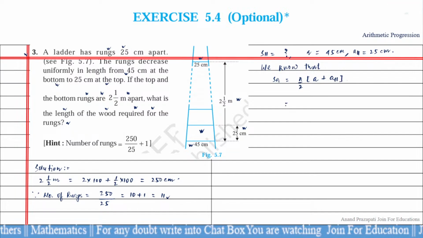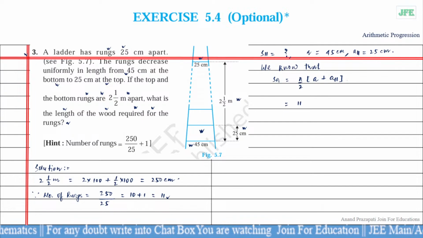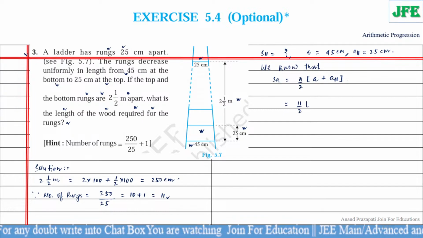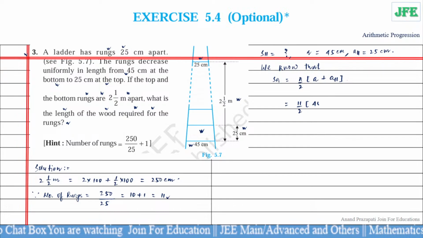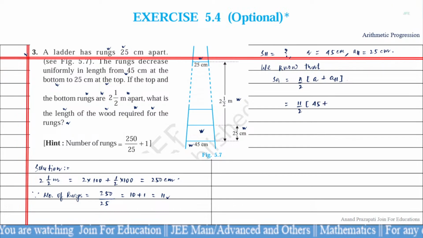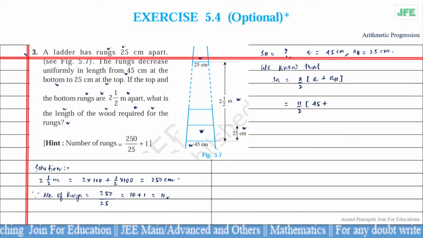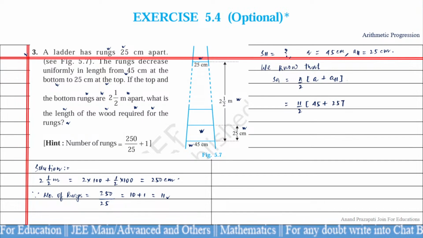So here n equal to 11, therefore we write down here 11 by 2. a equal to 45 and plus we write down a11 equal to 25.